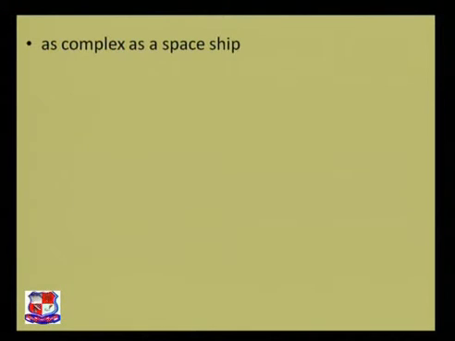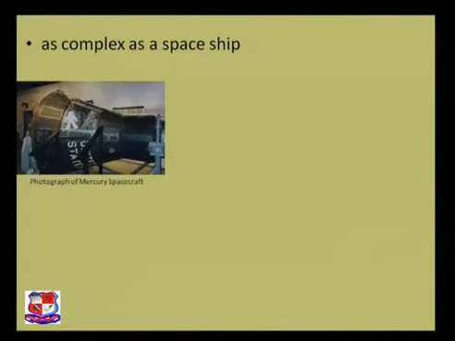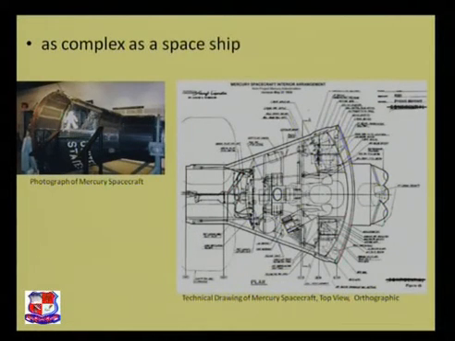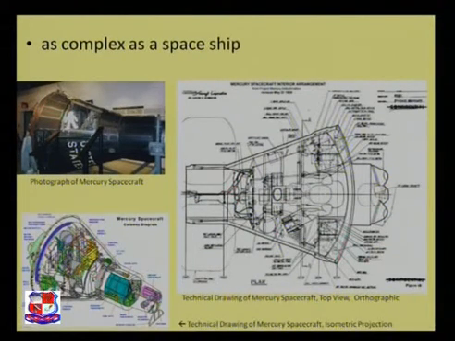Or a technical drawing can be as complex as a spaceship. It is the outlook of a Mercury spacecraft. It is the technical specifications of a spacecraft, and it is the cutaway diagram. It is represented in the multi-view.